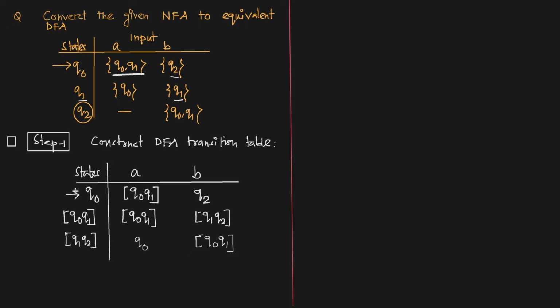Q0 and Q1 are already present here, and Q0 is present, but Q2 is not present in the current state.